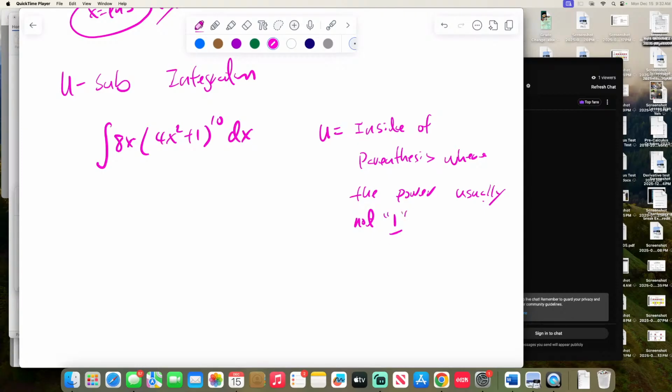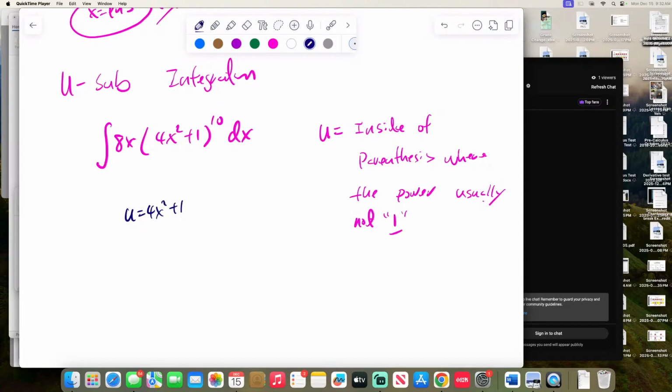Okay. So what do I want to set u equal to in this case? U equal to what? No. 4x squared plus 1, inside a parenthesis. Whatever is inside a parenthesis. So 4x squared plus 1.